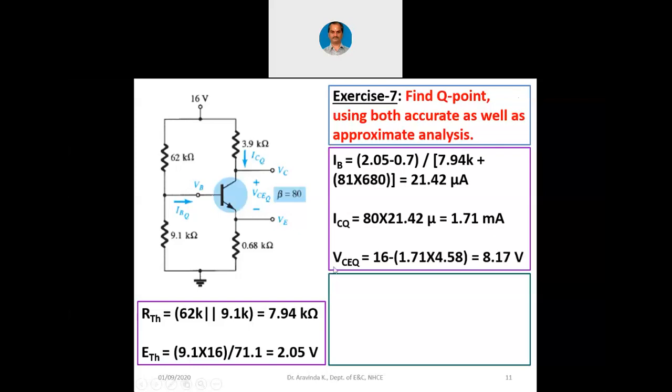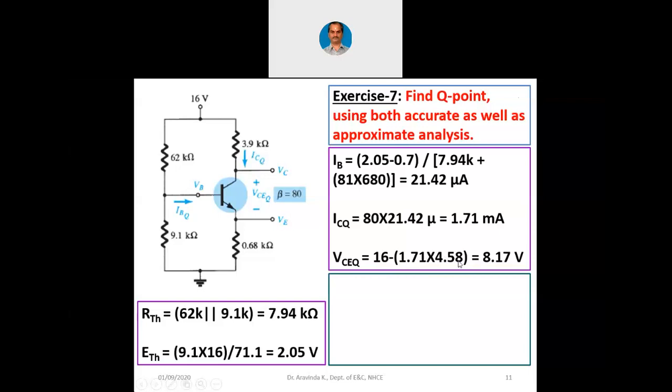Then VCEQ is VCC minus IC into (RC plus RE). There is a drop across RC and a drop across RE, and the current is the same because IC can be equated to IE. So we have VCC minus the drop across RC and RE, that is 1.71 into 4.58, where 3.9 plus 0.68 is 4.58 kilo ohms.